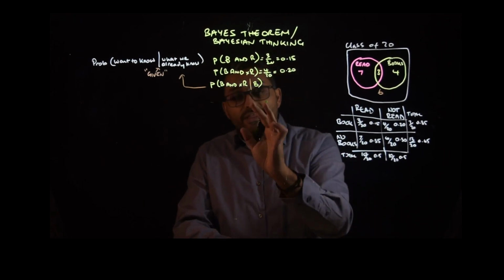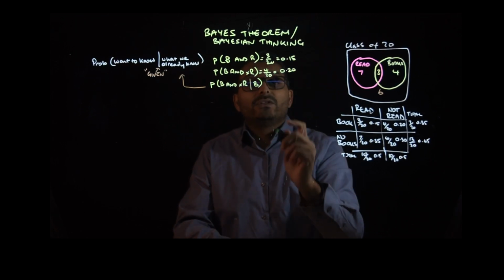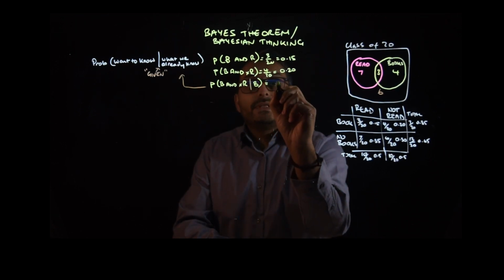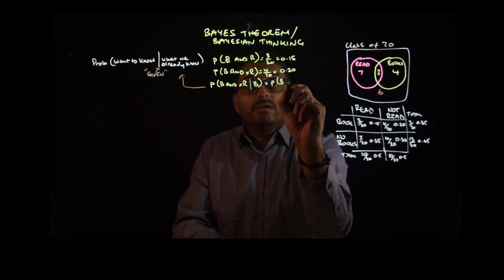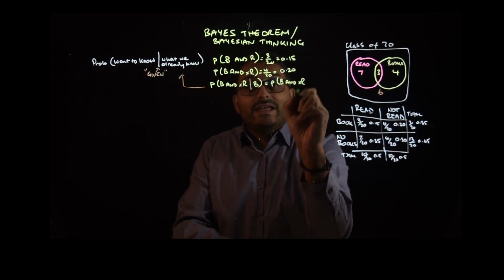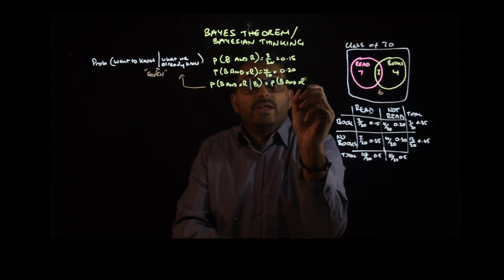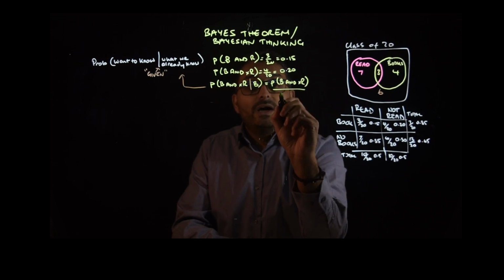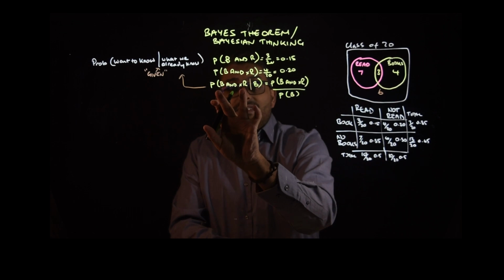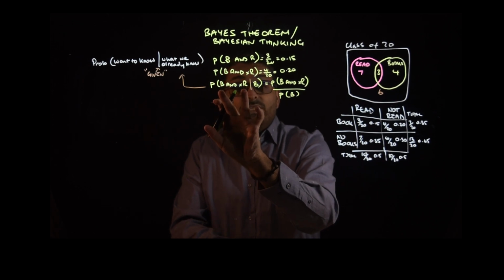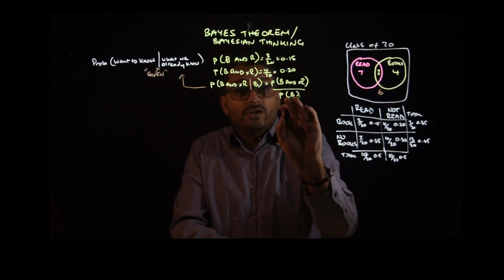We take the probability that they own a book and don't like to read and divide it by the probability that they have a book. This section goes on the top and this goes on the bottom.